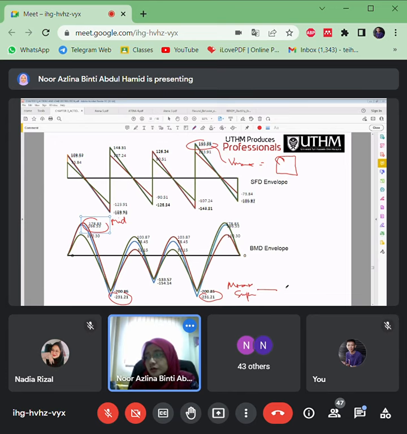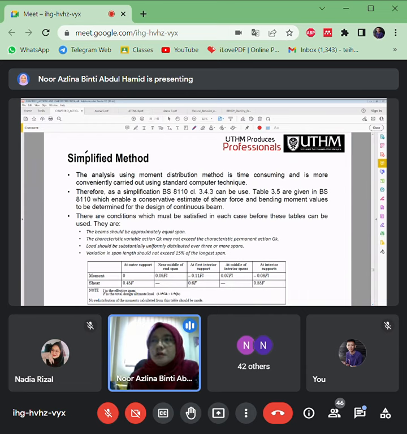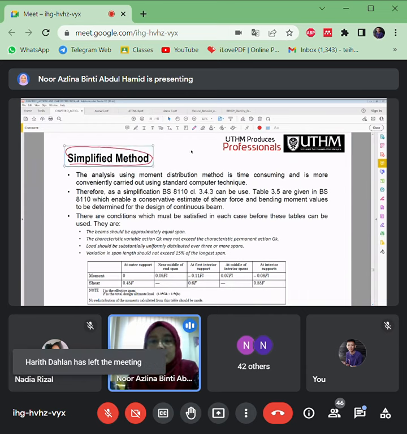This will be used in order to design the main reinforcement at the support and the main reinforcement at the midspan. Any questions? Any questions before I proceed to the simplified method?